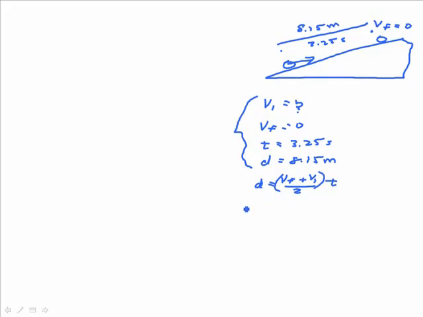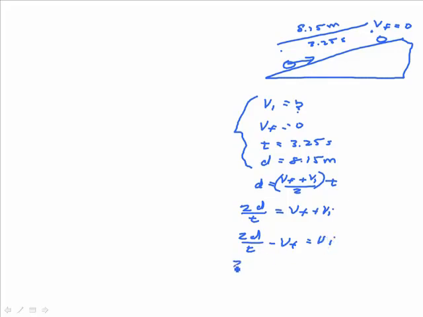So to do that, we go 2d over t. What I did was multiply both sides by 2 and divide both sides by t, and I end up with Vf plus Vi. Then, to solve for Vi, I go 2d over t minus Vf. It doesn't really matter much right now because Vf is 0 anyway.